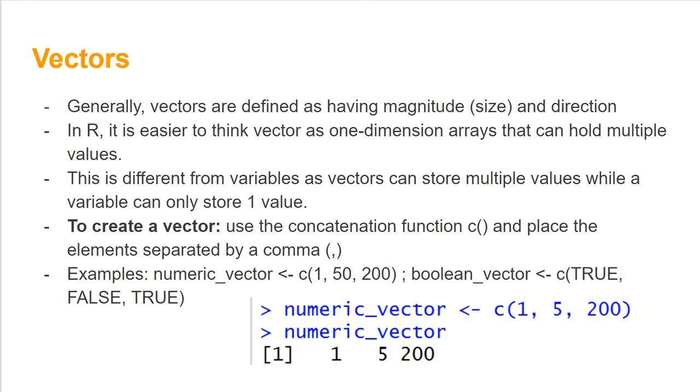For example, we can create a vector called numeric_vector and assign it c(1, 50, 200), or a Boolean vector and assign it c(TRUE, FALSE, TRUE). Attached below is a screenshot of how it will be displayed in the R console.